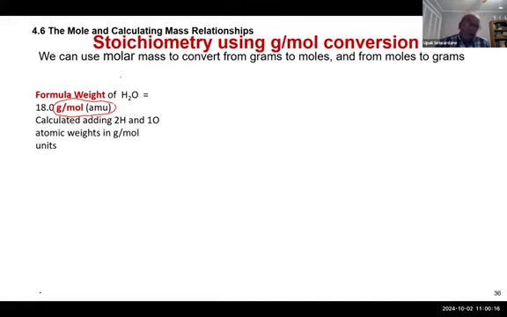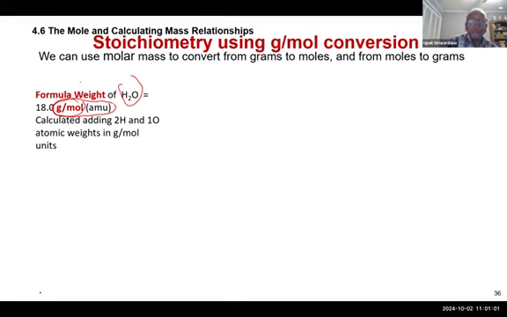In the periodic table, when you add up masses, the total mass of the formula is expressed as AMU, atomic mass unit. Atomic mass unit is also equal to grams per mole. Therefore, if we get the formula mass of water in grams per mole, you can use that as a conversion factor, formula weight in grams per mole, to convert grams to moles.